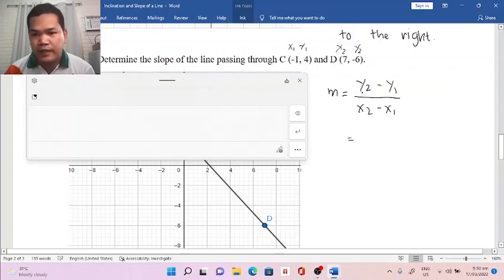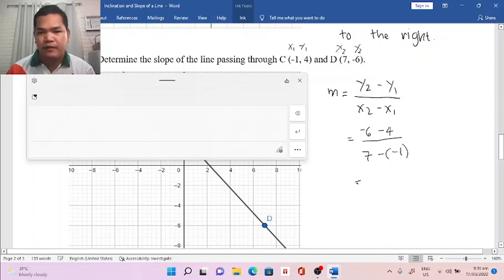For y sub 2, we have negative 6 minus 4, and then 7 minus negative 1. So here we'll have m is equal to negative 6 minus 4, that is negative 10, over 7 minus negative 1.